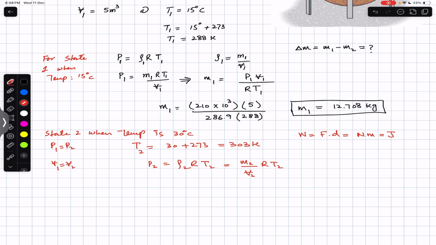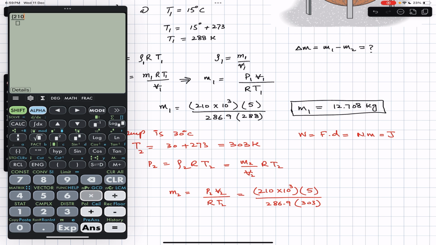If we rearrange this, then M2 is equal to P2 V2 divided by R T2. Now P2 is equal to P1, which is 210 into 10 raised to the power 3. V2 is 5 meter cube. R is 286.9 into T2, and T2 is 303 kelvins.